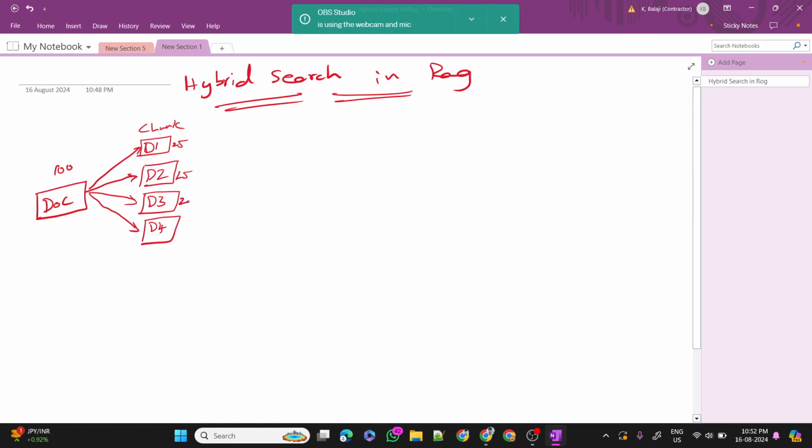Like this, we split these 100 lines into chunks, and each chunk has 25 lines. The text data present in each chunk is converted into a numerical vector by using some embedding technique.